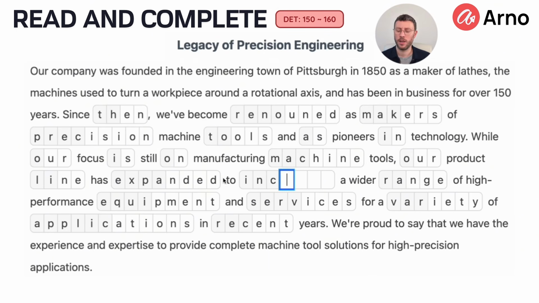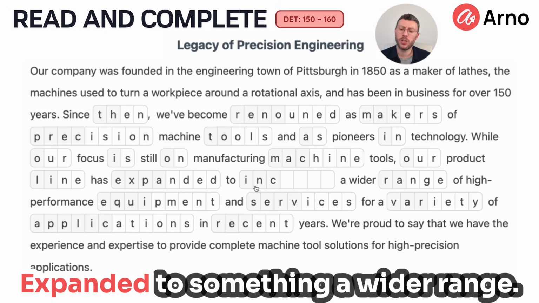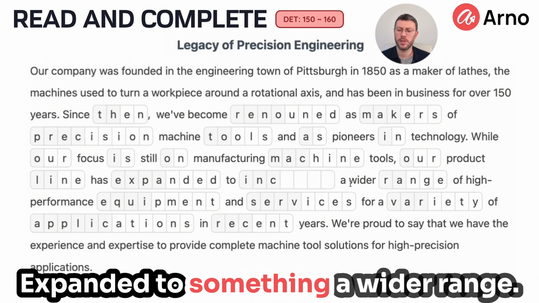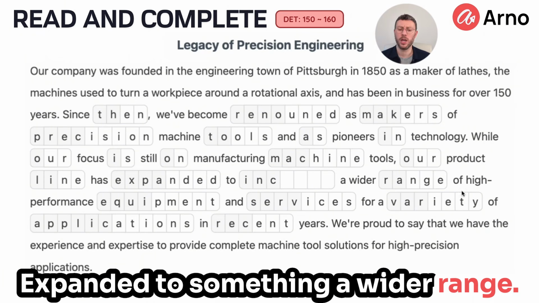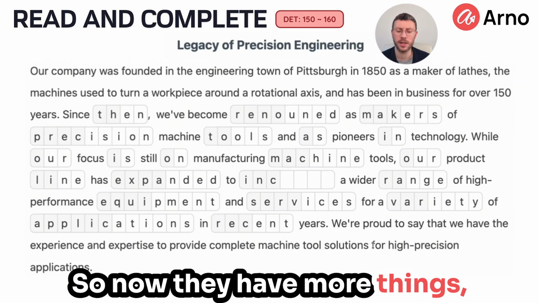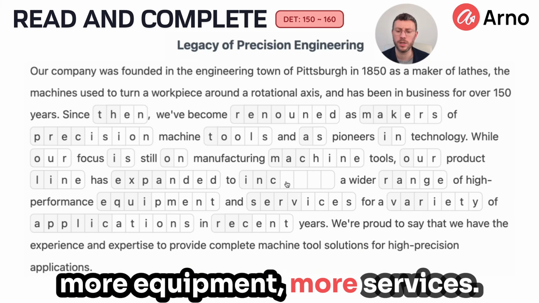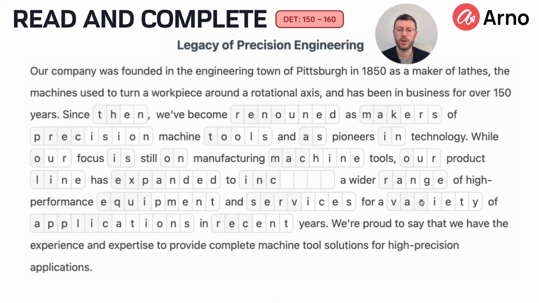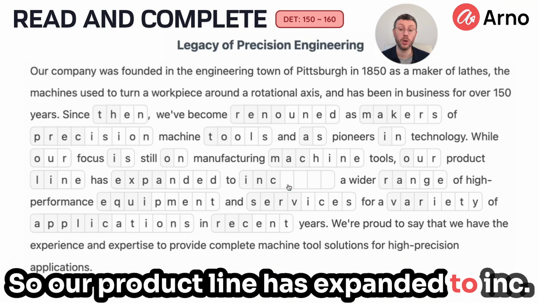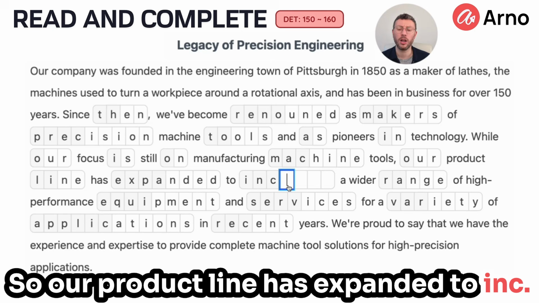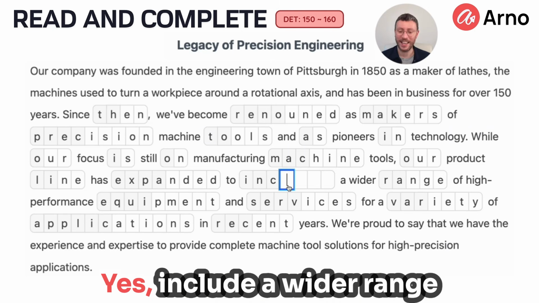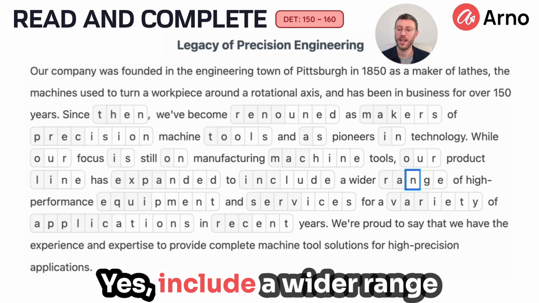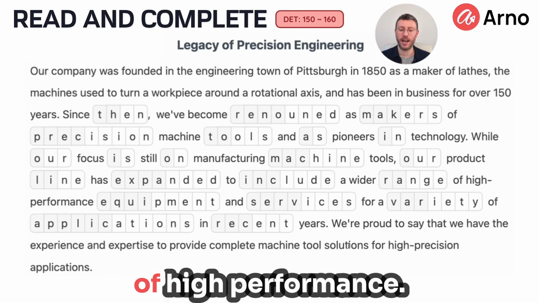Expanded. Expanded to something, a wider range. So now they have more things, more equipment, more services. So our product line has expanded to include a wider range of high performance.